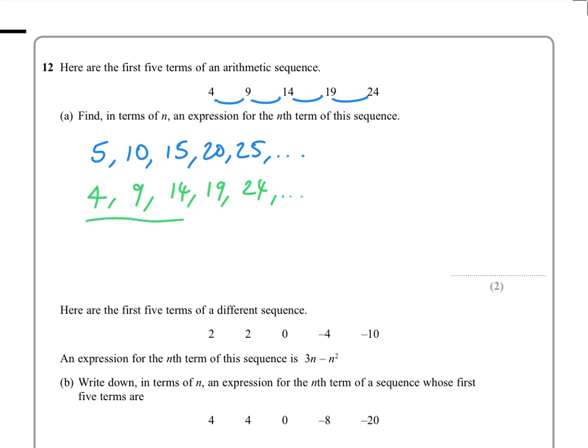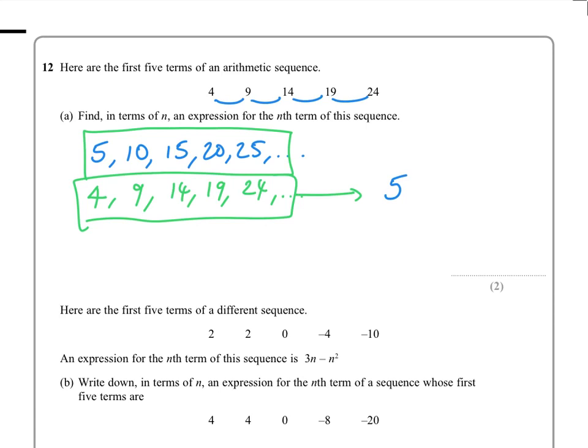So how is this similar to this? Well, this sequence here seems to be the 5 times table. Now the 5 times table is written as 5n, and we've got to somehow take 1 from the 5 times table. So here's the 5 times table there, and how do we get to here? Well, we have to take away 1, take away 1, take away 1, and so on.